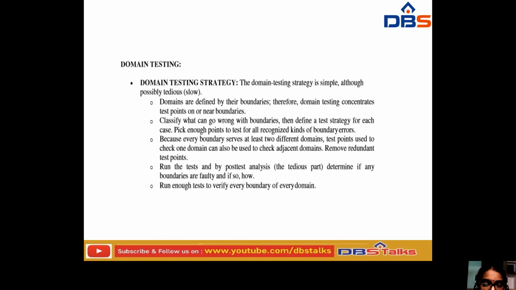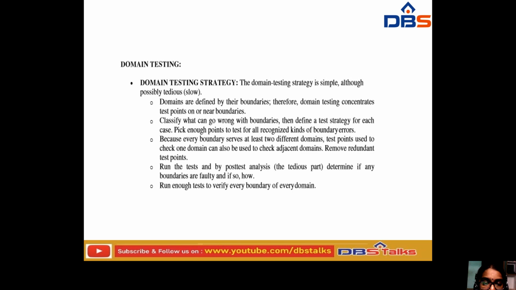For each and every case we have some test strategies. Based upon the test points near boundaries, we pick those boundaries. Then we pick enough points to test for all recognized kinds of boundary errors.